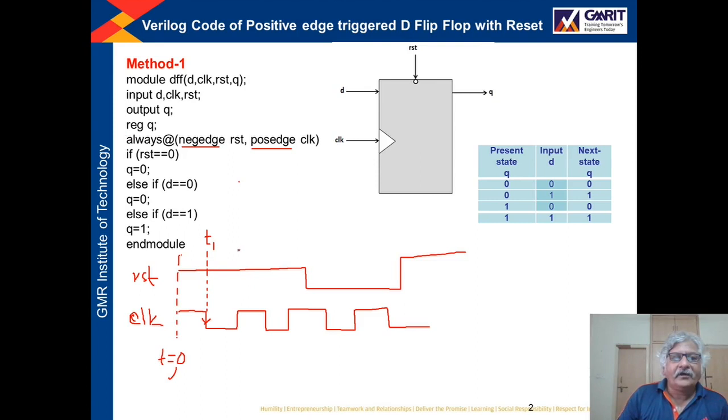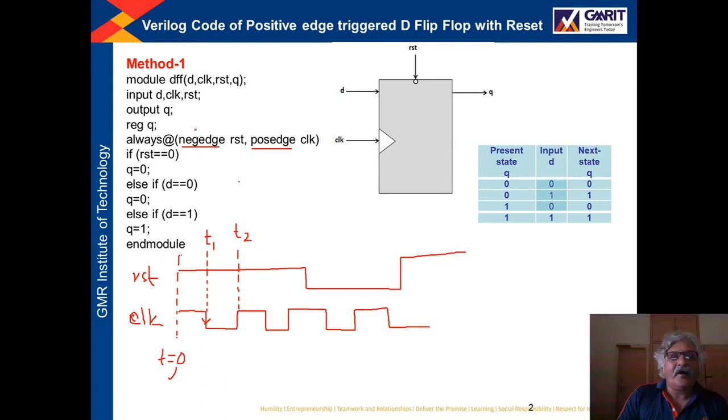Now we see at time T2. Suppose at this time T2, what happened? RST is still 1. So if RST is still 1, then negedge RST will not detect any change in the RST, right? No event is detected on RST. It is still high.